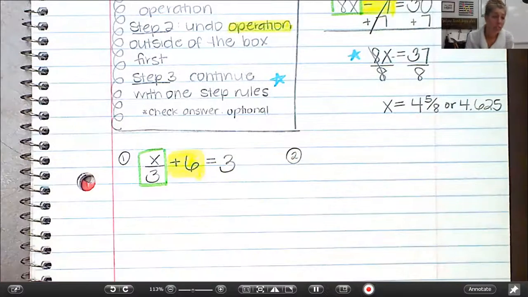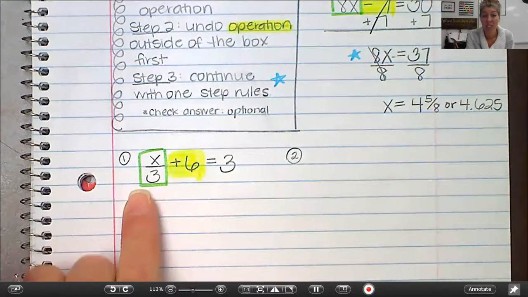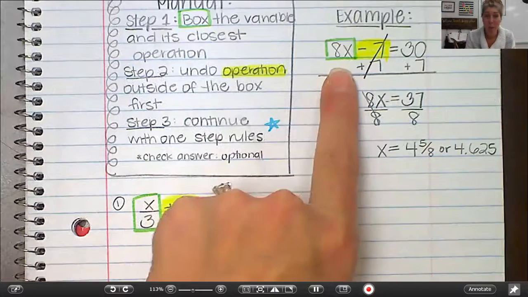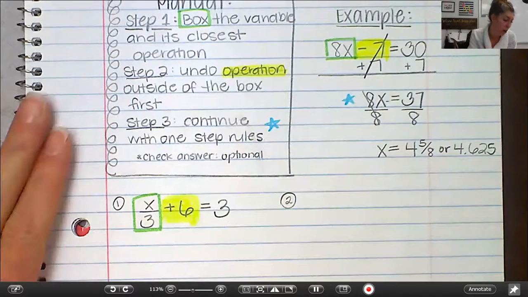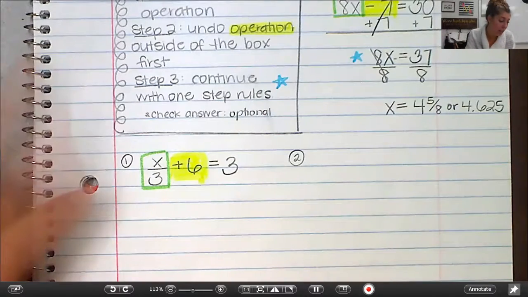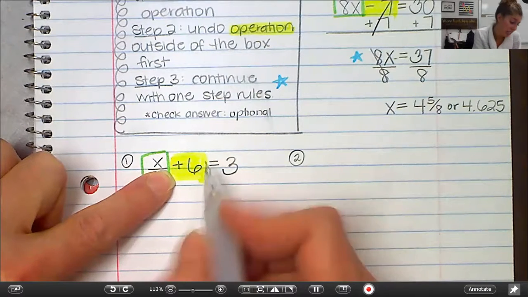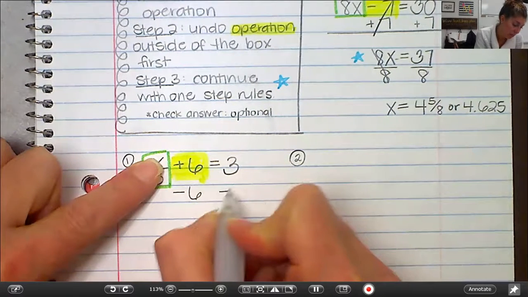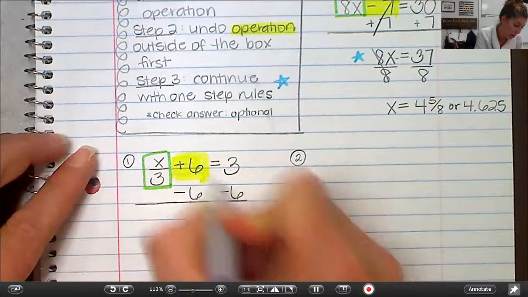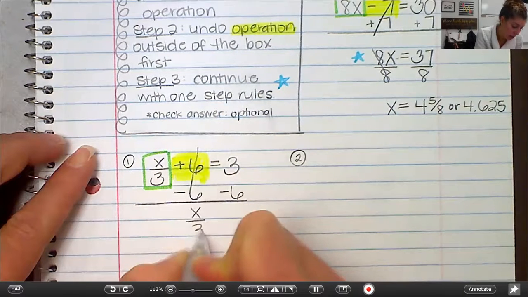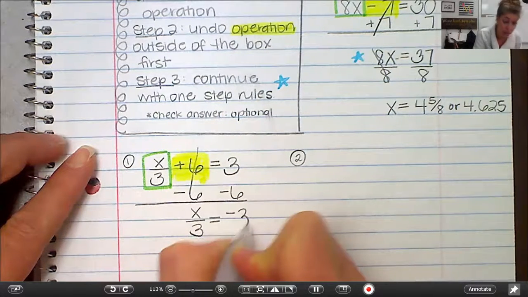It probably would make more sense to even start with this one because it is so obvious compared to this one. Your brain can have that little tug of war. So I need to undo what's outside of this box first. My opposite of adding 6 is subtracting 6. And I'm left with x over 3 equals -3.